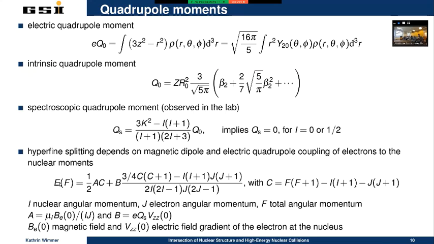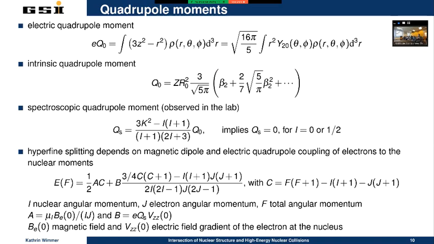So essentially the energy that is measured in atomic spectroscopy depends on the total angular momentum of the nucleus and the electrons, the nuclear angular momentum and the electron angular momentum, and it also depends on the magnetic and electric field gradient of the electron at the nucleus.